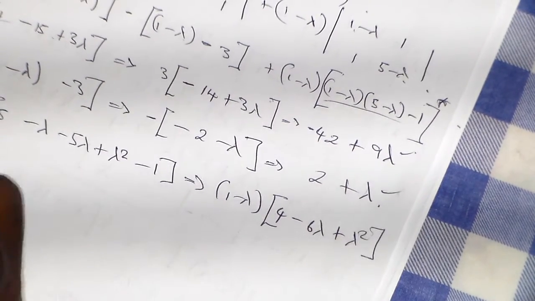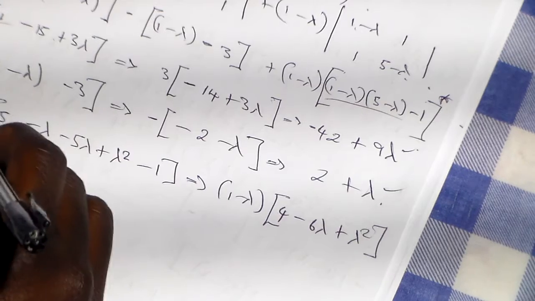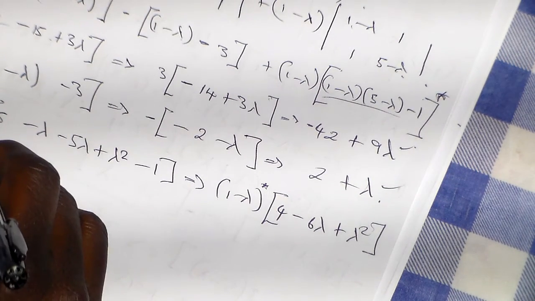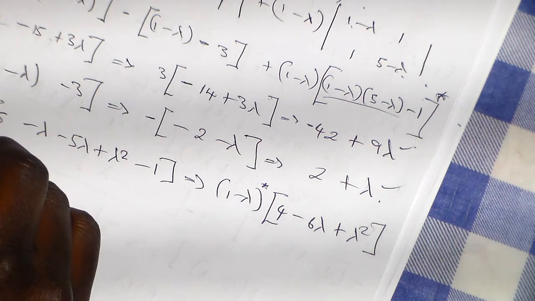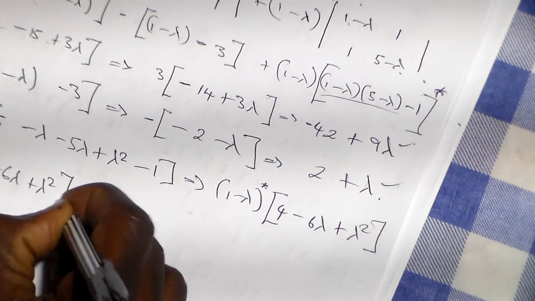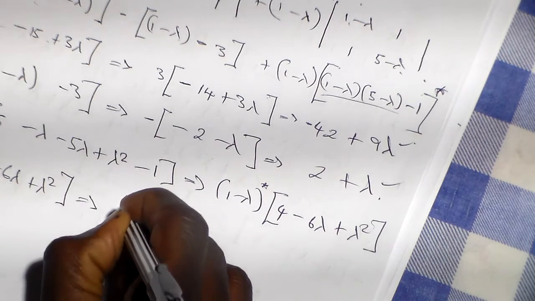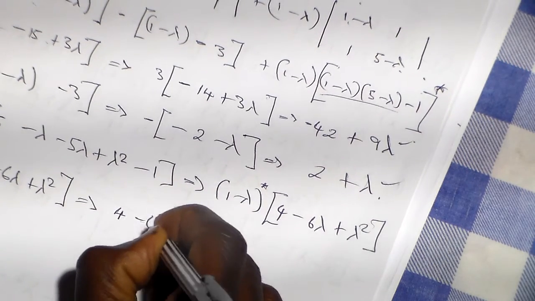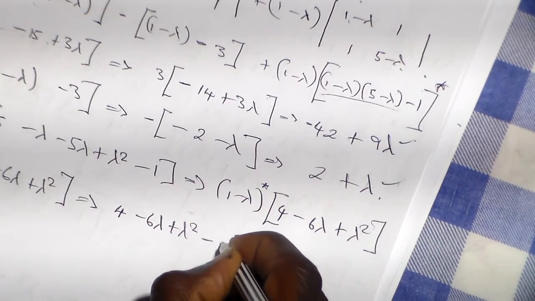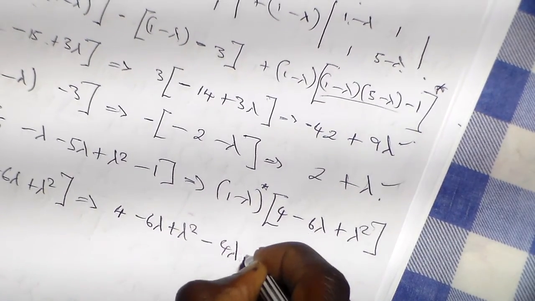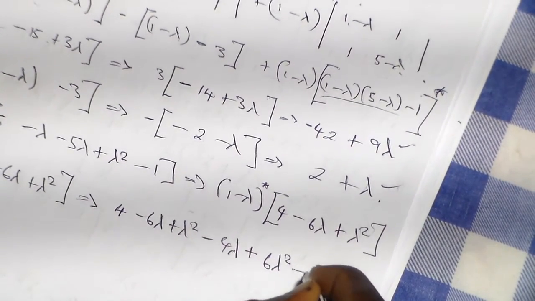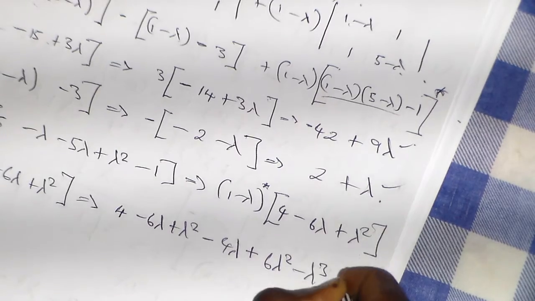Okay, now simplifying with the brackets, this bracket which is outside, this is giving me 4 minus 6 lambda plus lambda squared minus 4 lambda plus 6 lambda squared minus lambda cubed.